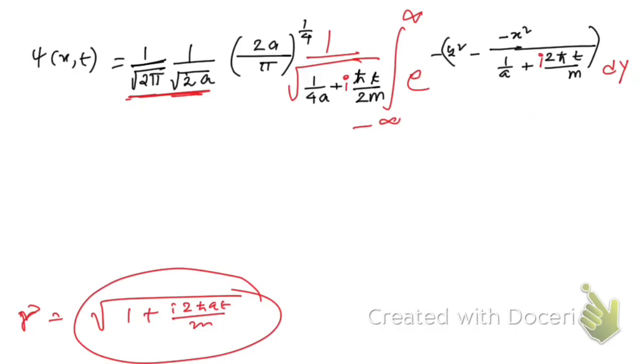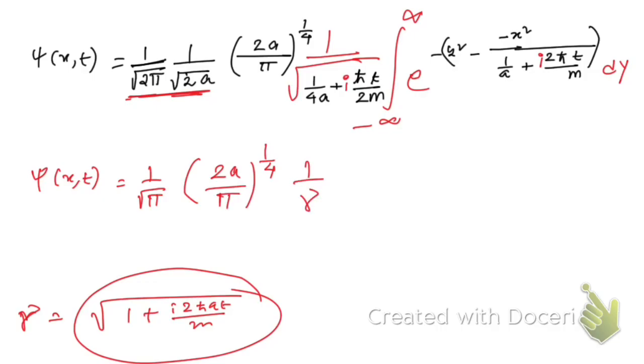So we can write psi of x comma t is equal to 1 by root pi, because 2 root a is already multiplied with this, right? And twice a, 1 by 4, here we have pi, and 1 by gamma e to the power integration from minus infinity to plus infinity e to the power minus y square minus x square a divided by gamma square, dy.